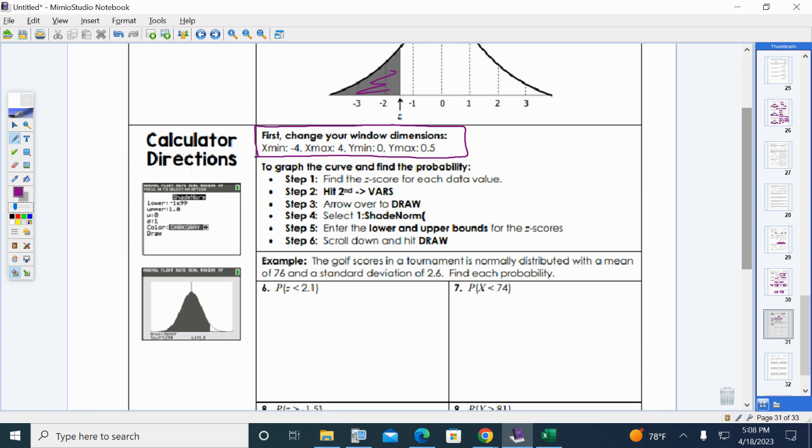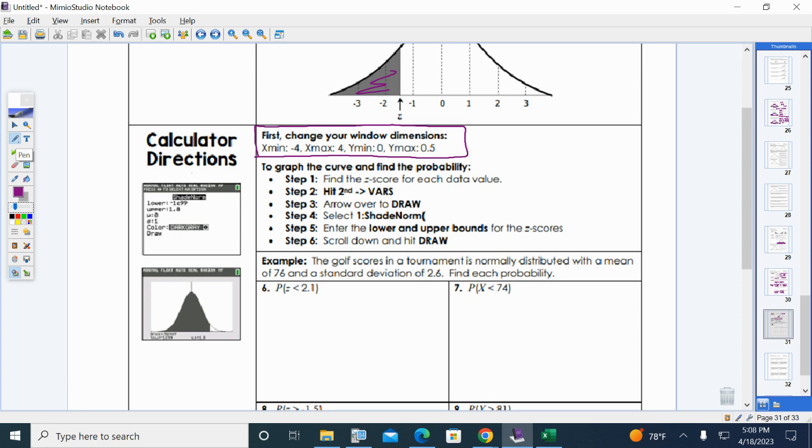And then it says find each probability. So for question number 6, it's asking me to find the probability that the z-score is less than 2.1. Okay? So we again are going to use our graphing calculator, and you can kind of see over here on the left what that might look like in the calculator.